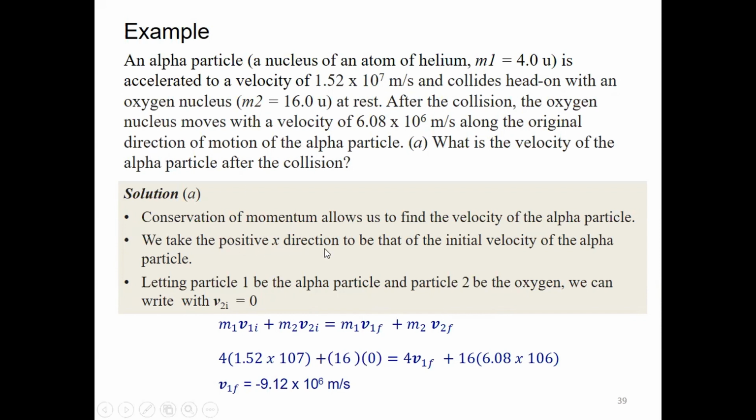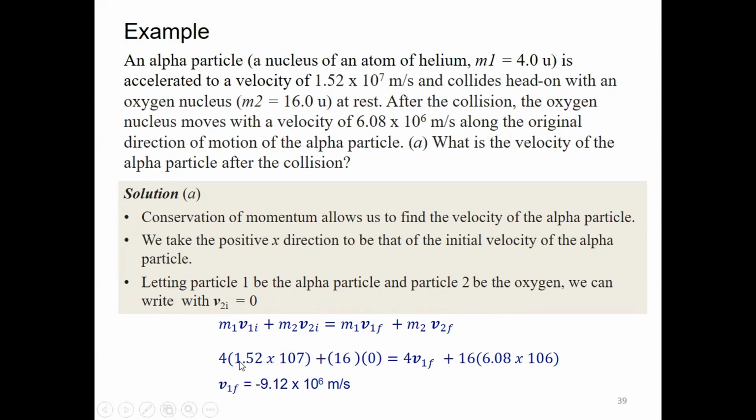We take the positive x direction to be that of the initial velocity of the alpha particle, and we will let particle 1 be the alpha particle, and particle number 2 be the oxygen. So for the oxygen, the initial velocity is roughly 0, and substituting this, m1 v1I plus m2 v2I is equal to m1 v1f plus m2 v2f.